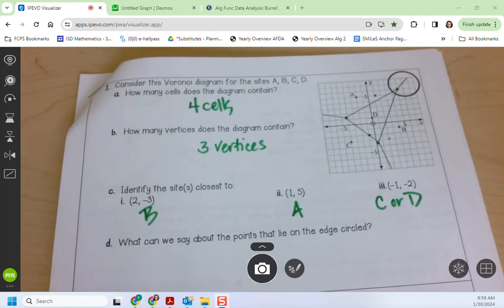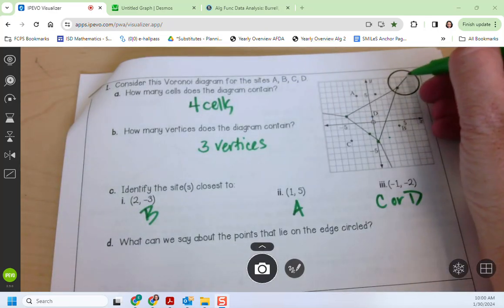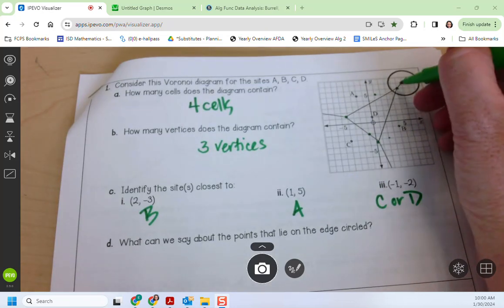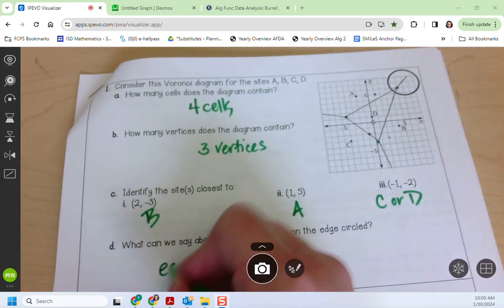But if you do distance formula and prove me wrong, then I want to know about it. Just because it says the points that lie on the edge circled, like the edge could also, in the circle, could also be talked about. Oh, I see what you mean. Yeah. I think they're referring to this one, but I understand because Caden's pointing out like this corner of the triangle is also circled, yeah. But I think they're just referring to this one. So I'm gonna say equidistant from A and B.